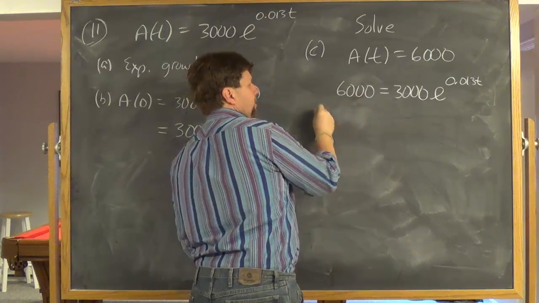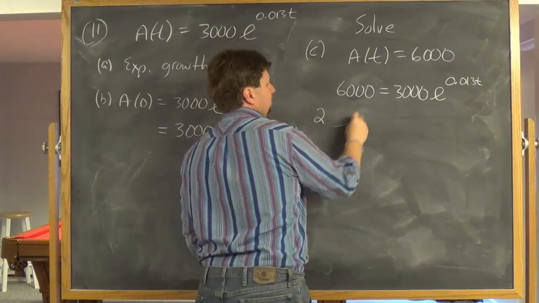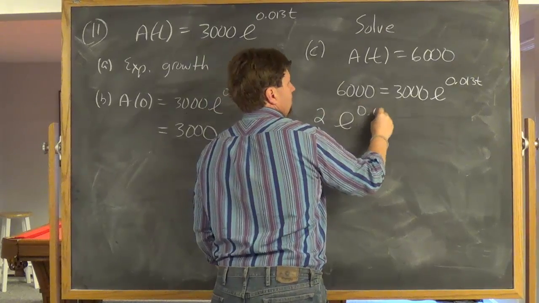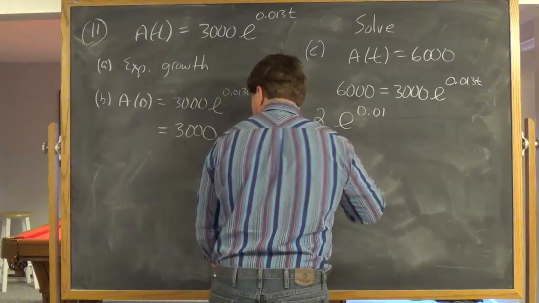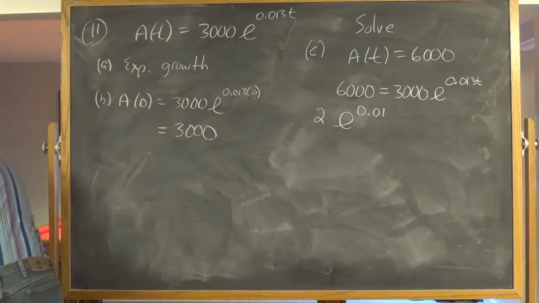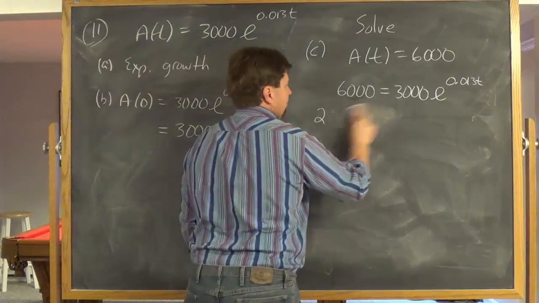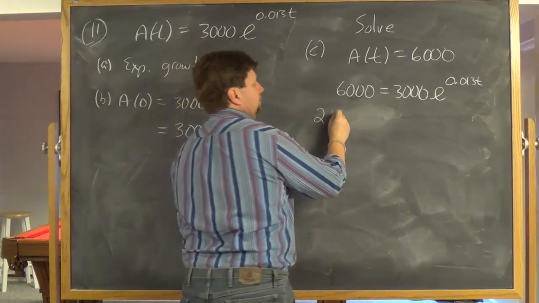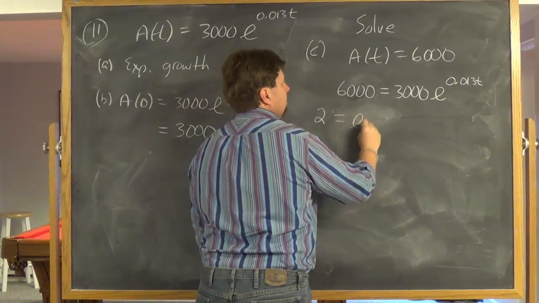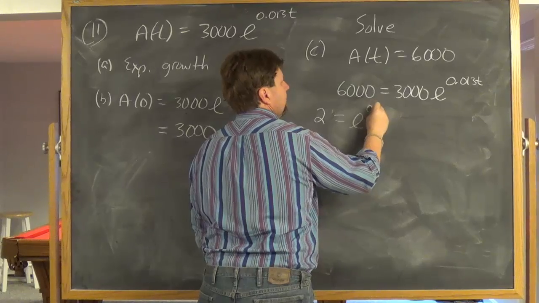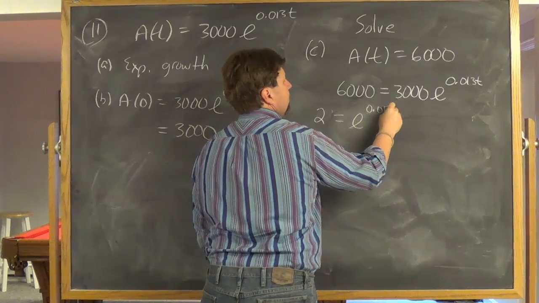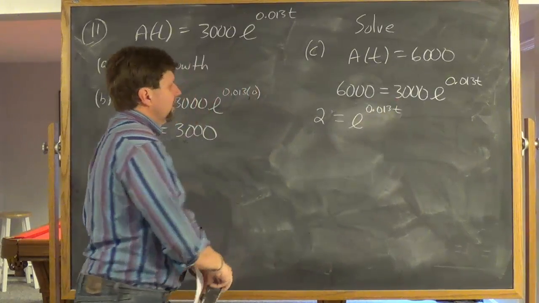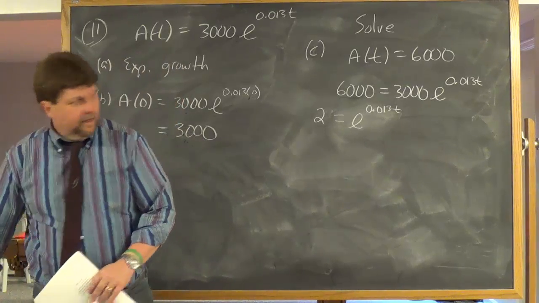And 6,000 divided by 3,000 gives me a 2. It helps if I remember the equal sign. So we have 2 equals e to the 0.013t.